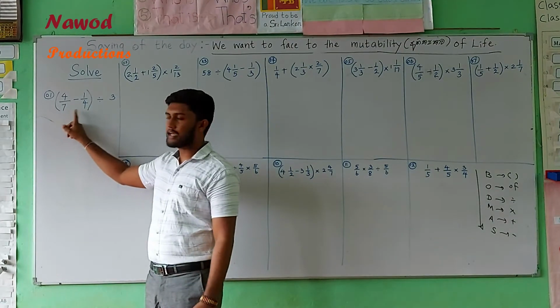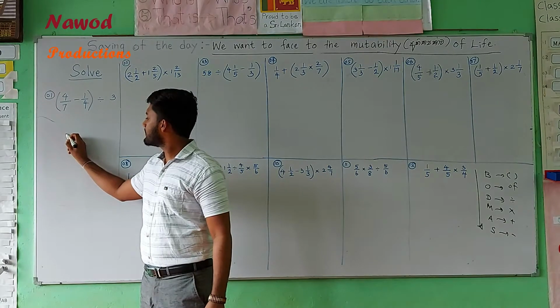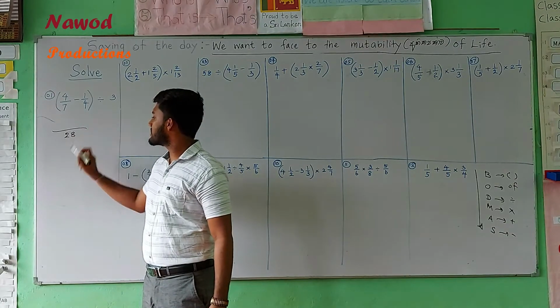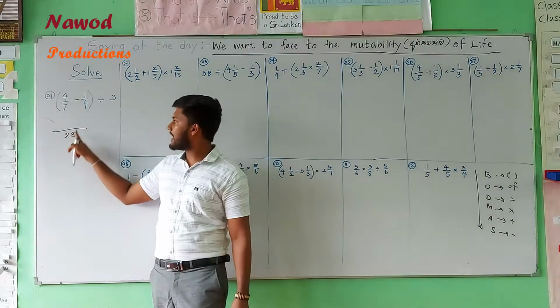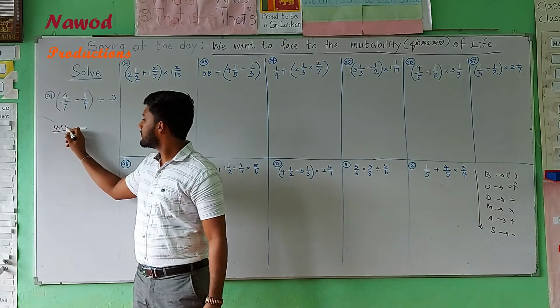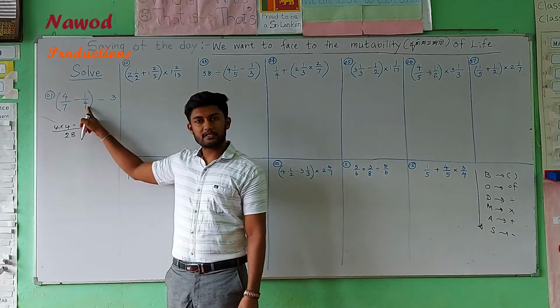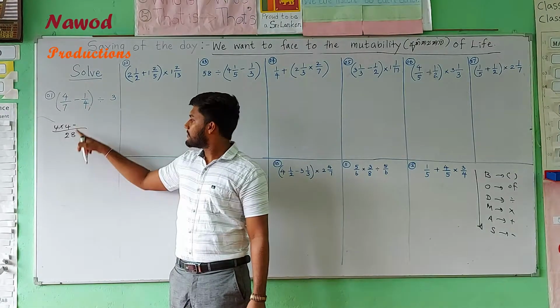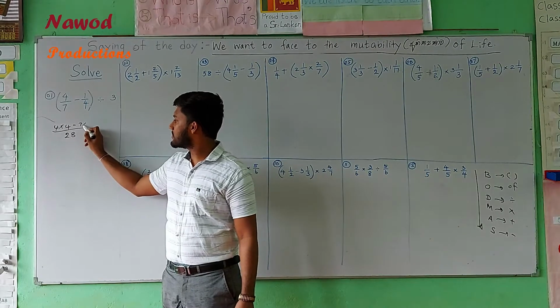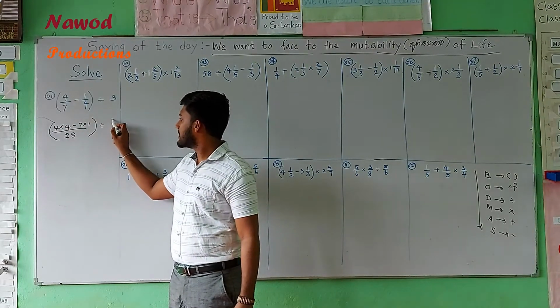Here we want to get the LCM of 4 and 7. That means 28, 4 into 7. For 28, there are 4 sevens, then 4 into 4, minus, there are 7 fours for 28, then 7 into 1, close the bracket, then divide by 3.